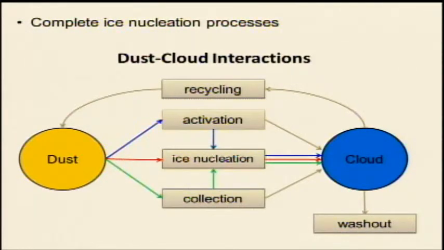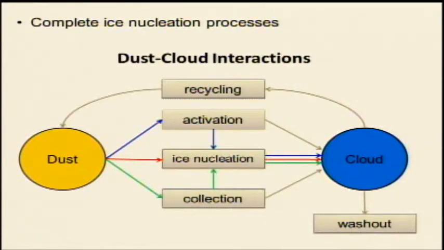This is very rarely treated in most models, because large dust particles, even pure dust, can be active in cloud drops. And also if they are coated with pollutants, solutes, they can be very good condensation nuclei. So we also consider this activation effect and their forming of cloud drops and nucleations.